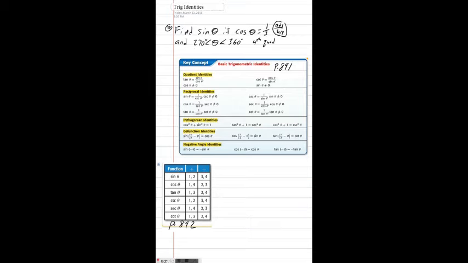Now if you pull out your unit circle, as you recall, it gives you sine and cosine. Remember, sine is the second of the ordered pair, cosine is the first. So sine would be the y value, cosine would be the x value. So the y values are positive in the first and second quadrant, and they're negative in the third and fourth.